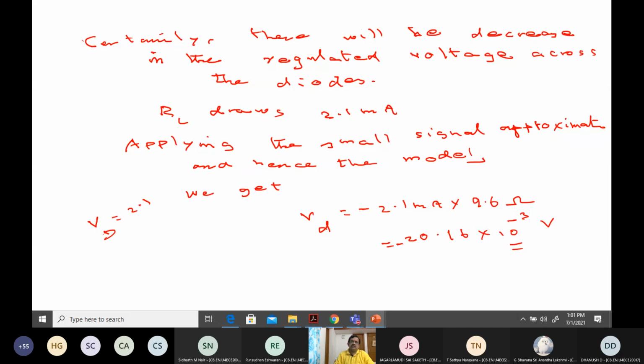So because of the changes in the current drawn by the load, you will naturally affect the voltage regulation. Remember, we have used 9.6, so this will be Vd across 3 diodes.